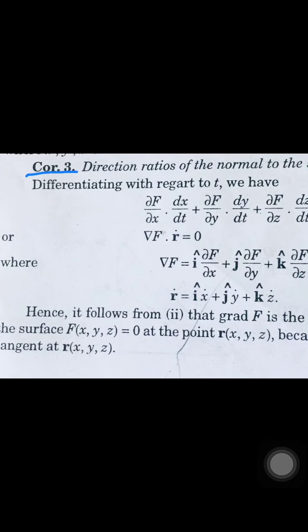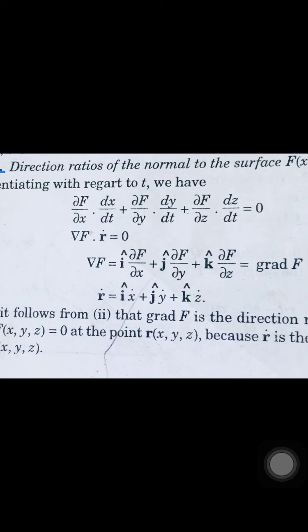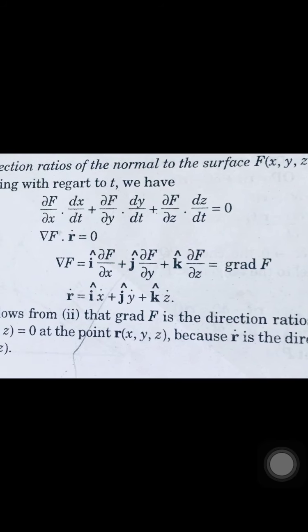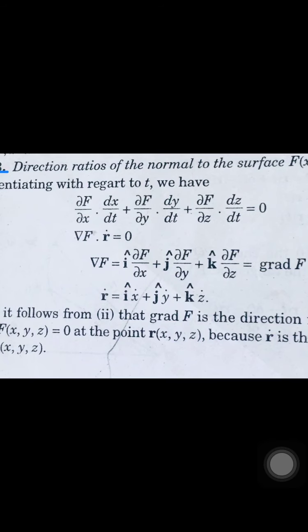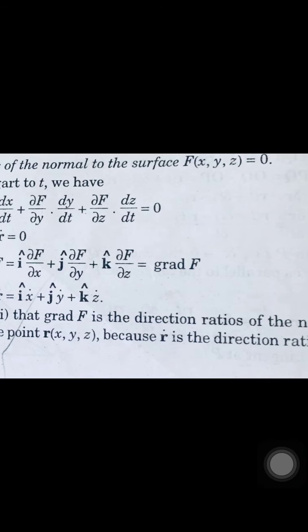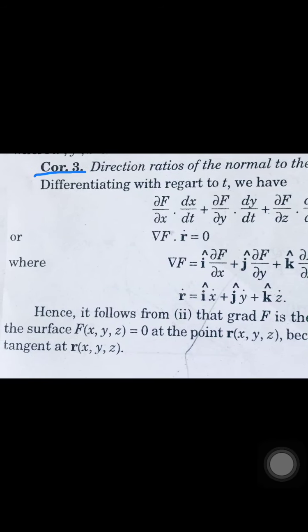Now the next corollary: direction ratios of the normal to the surface f(x, y, z) equals 0. Here, after the tangent, we need the normal. Okay, so direction ratios, not direction cosines, one important thing.